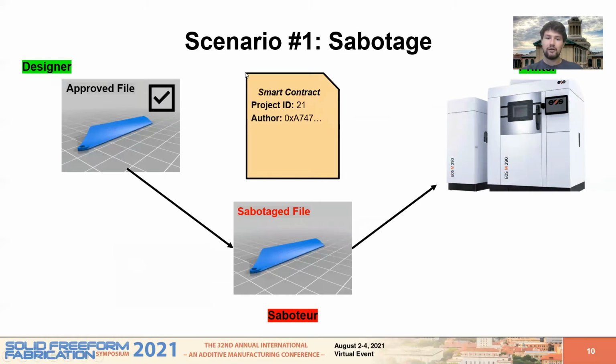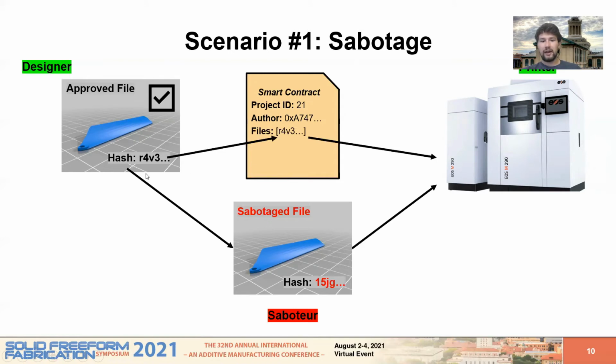What we're going to do in Additive OS is introduce a smart contract. This is essentially a data structure that's going to store some metadata about who signed off on this project and an index. It's also going to store the hashes of any files associated with this project that we want to be independently verifiable.